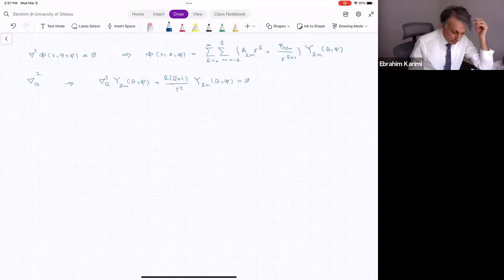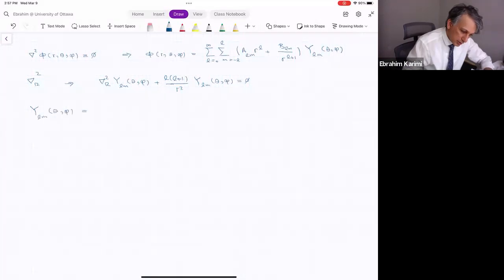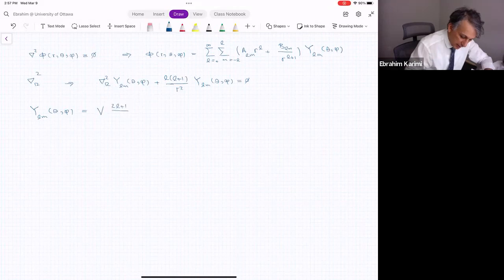So we derived all of the expressions, and what we also got is that Y_lm are given by an expression which I will write down. I don't memorize them; I have to look at my notes. Yeah, I have the table now. So Y_lm is given by the square root of (2L plus 1) divided by 4 pi, then the square root of (L minus M) factorial divided by (L plus M) factorial.